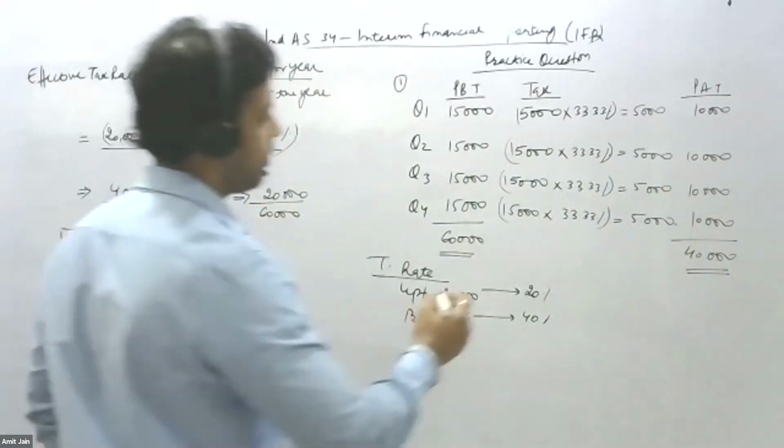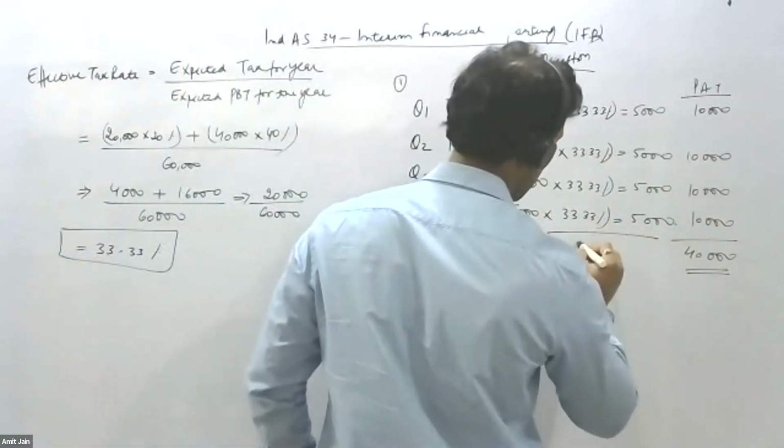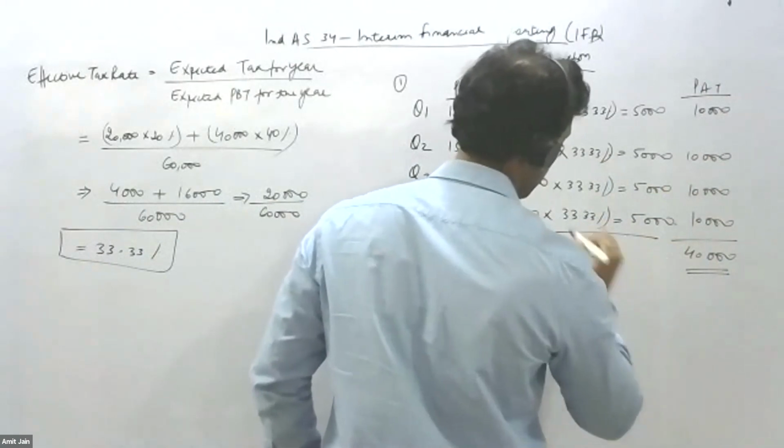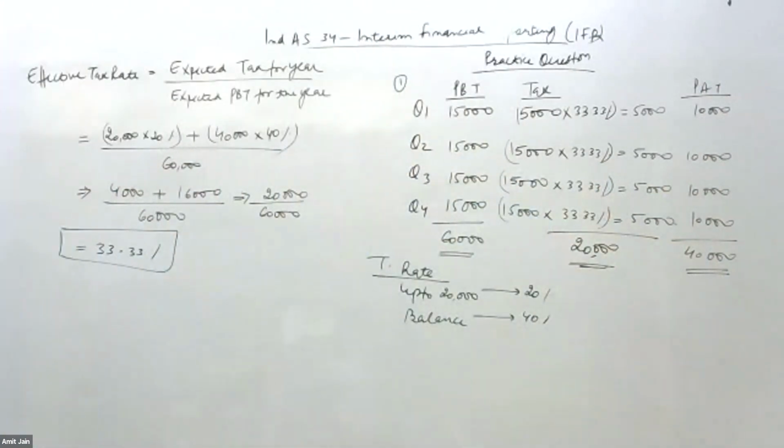And what is the amount of tax? Tax will be 20,000 only. Right, guys? Please let me know if there is any confusion.